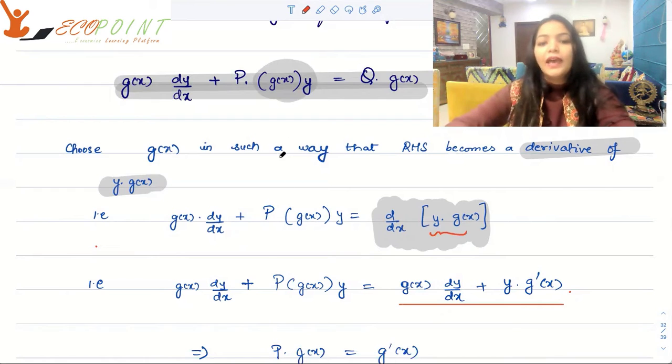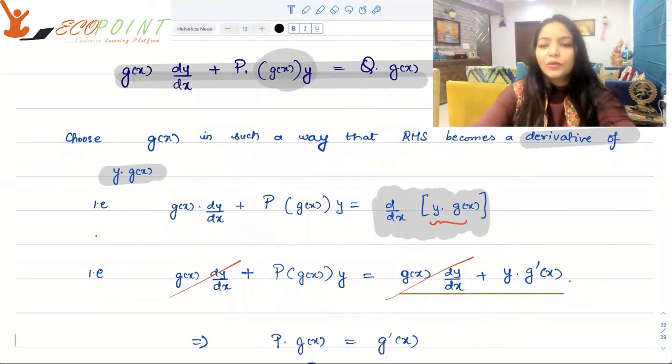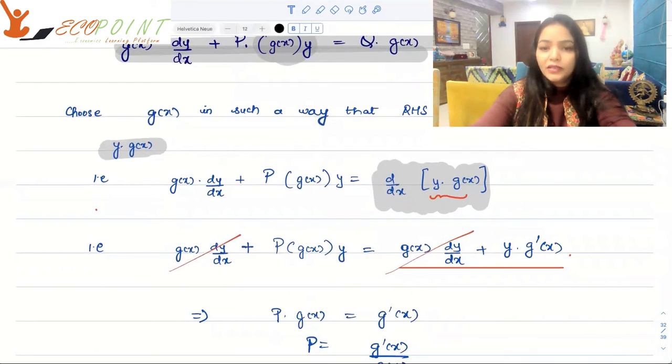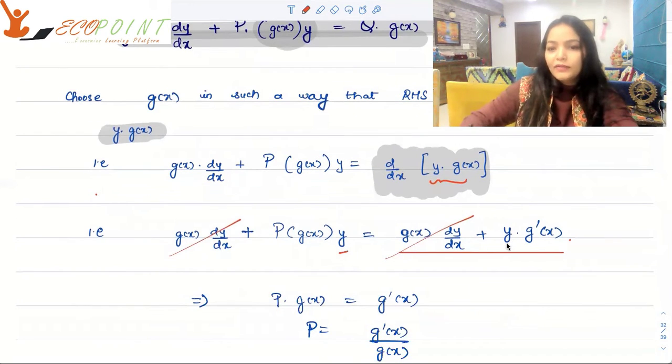Now g(x) dy by dx cancels, and you get p times g(x) into y equals y g dash x, so y also cancels.